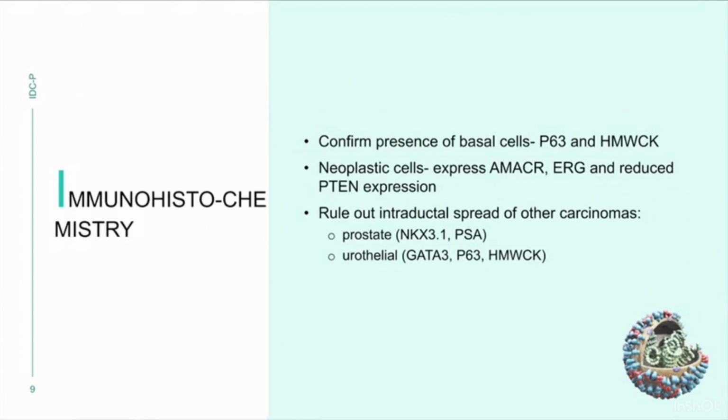P63 and HMWCK, if present in the malignant epithelial cells, indicate urothelial origin, because in prostate carcinoma they are only at the basal cell layer and not present toward the inside. If they are present in the epithelial cell bulk inside the proliferation, then you have to consider the differential diagnosis of basal cell hyperplasia as well. GATA3 will be positive only if it is urothelial carcinoma. If you suspect colorectal carcinoma extension, you can do CDX2 to rule out colorectal.